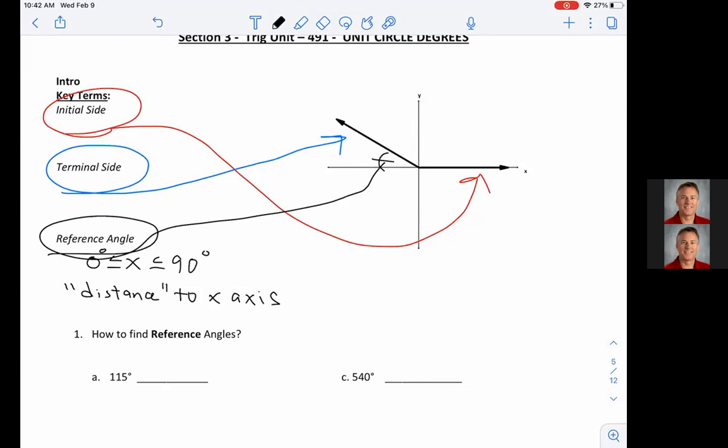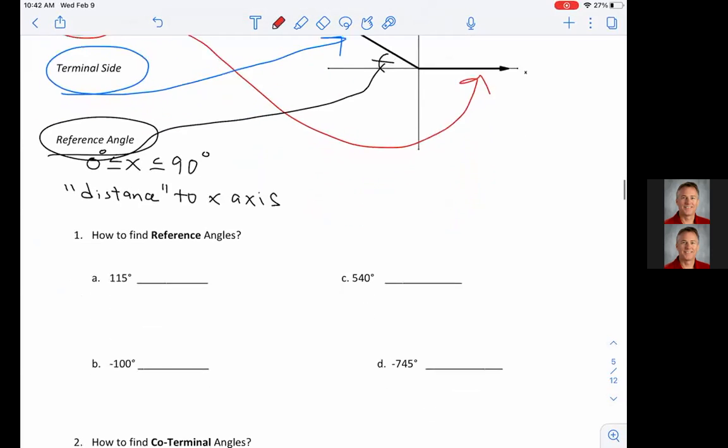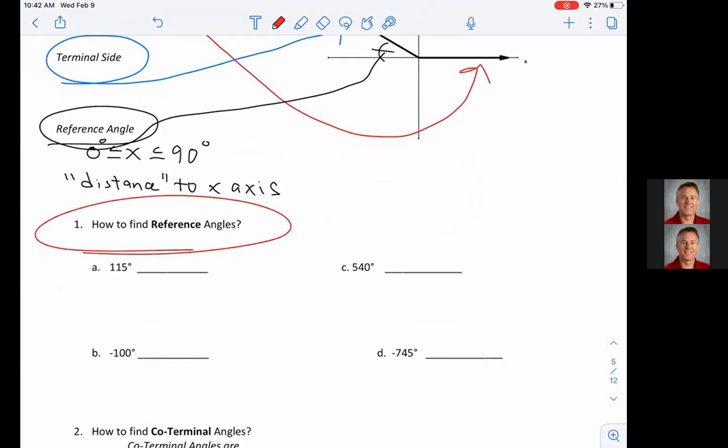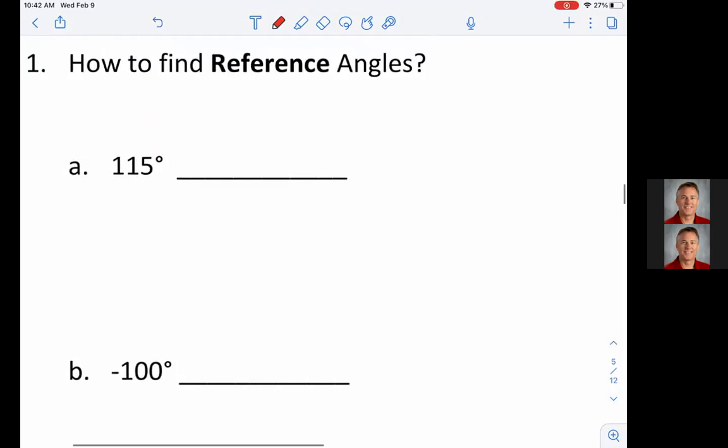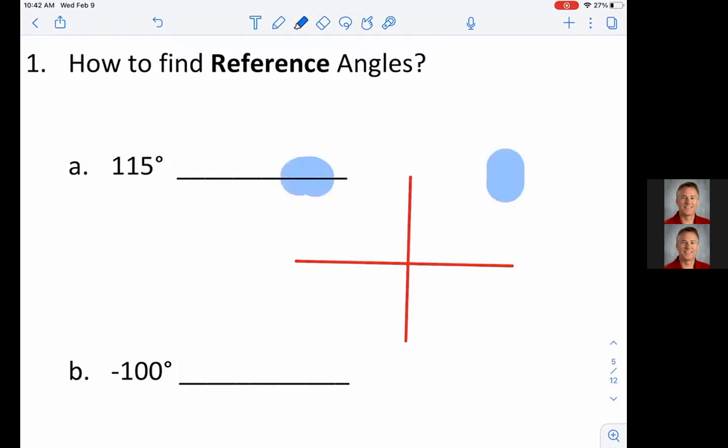Okay? So if we wanted to find the reference angle for 115 degrees, okay? So I'm going to draw a circle, and you guys don't need to do this. Okay, but if I were to draw an XY axis, remember my quadrants? This is the first quadrant, this is the second. This is quadrant 3, this is quadrant 4. And so if I started with my initial side and worked this way, 115 degrees would be in the second quadrant.